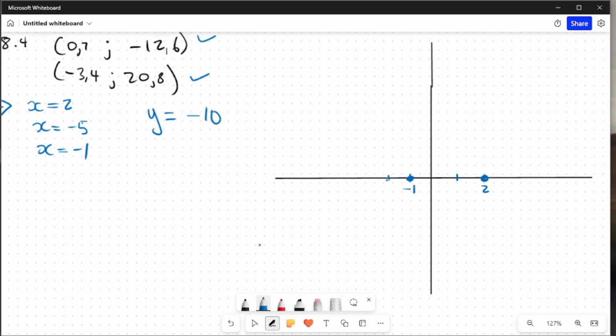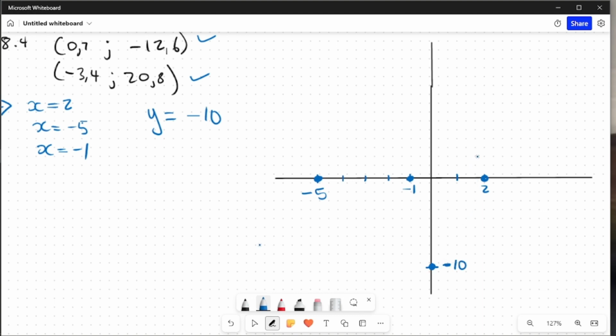So this would be -2, -3, -4, and -5. Then I label that. And then my y-intercept is -10, sorry. -10 would be somewhere there, okay? This is -10. Then I label that.